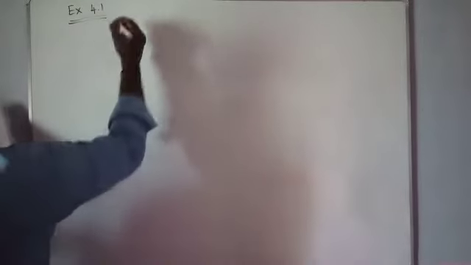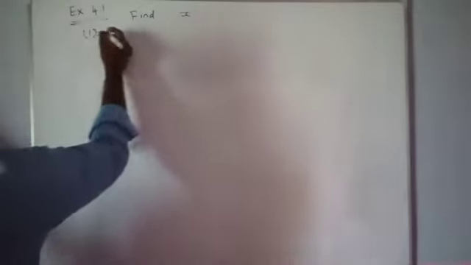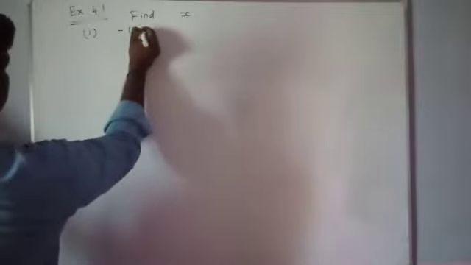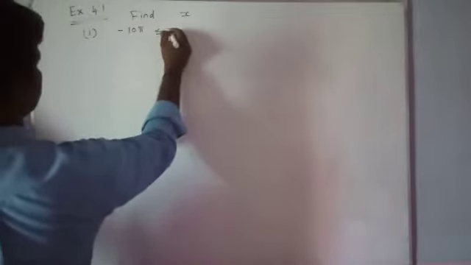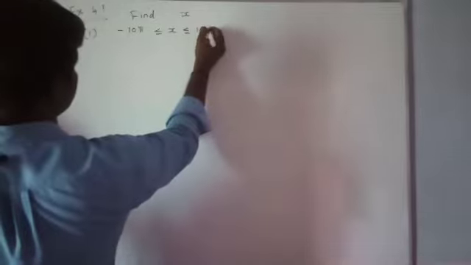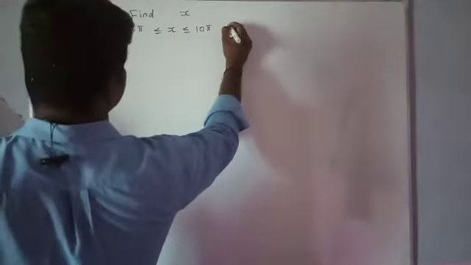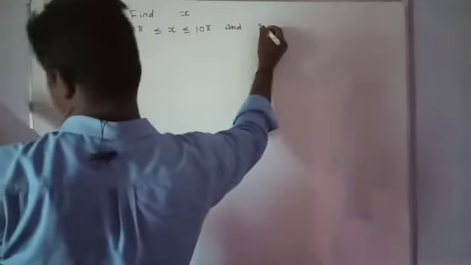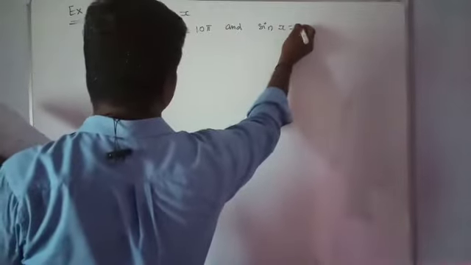Exercise 4.1. Find the values of x. Roman letter 1: minus 10 pi less than or equal to x less than or equal to 10 pi and sin x equal to 0.